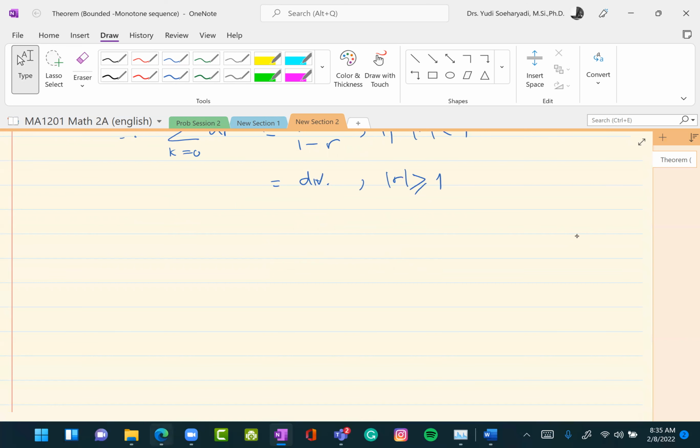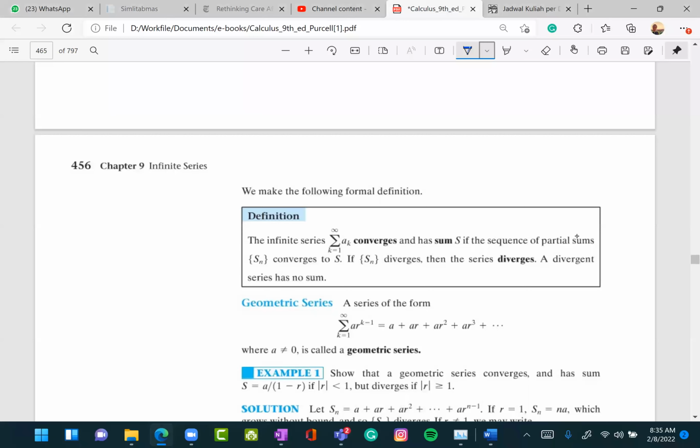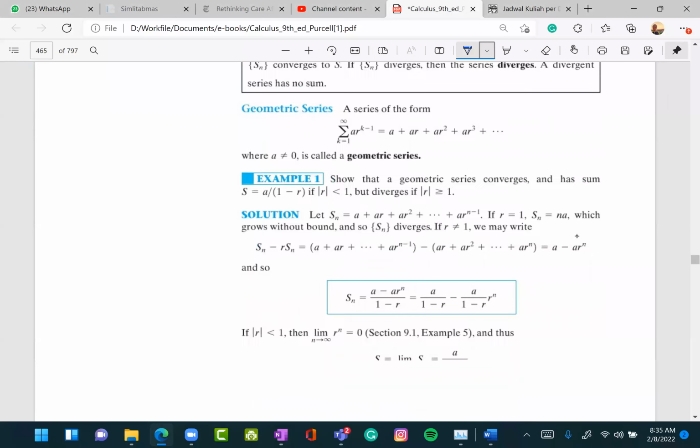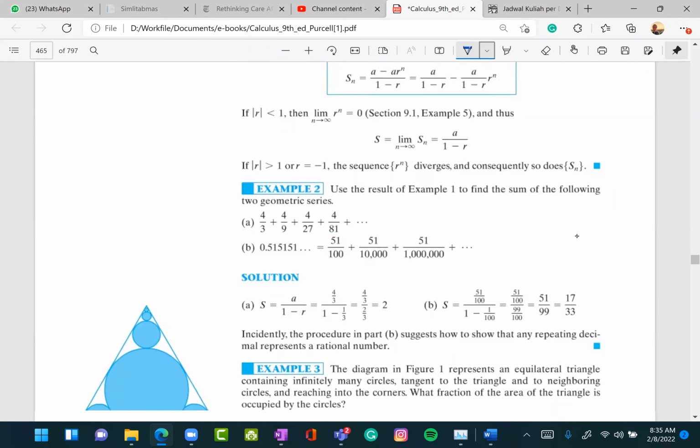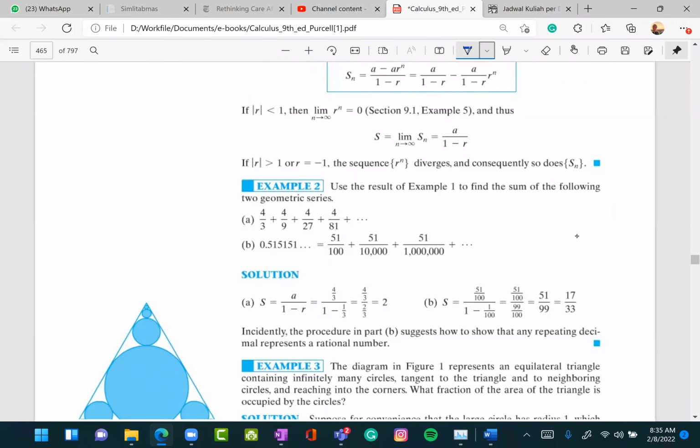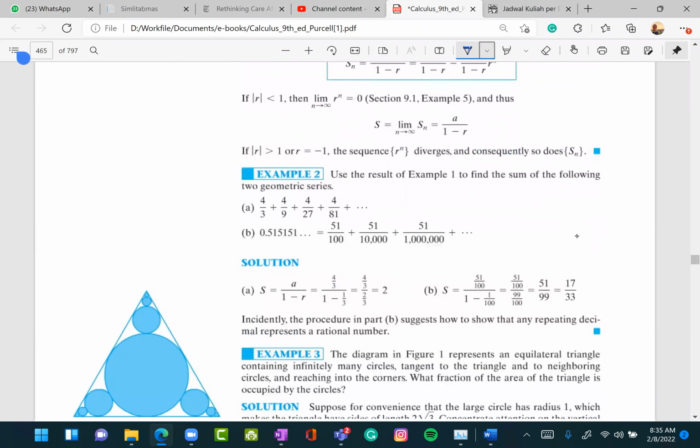Okay, so let's take a problem, a geometric series. For example, this one here: 4/3 plus 4/9 plus 4/27.